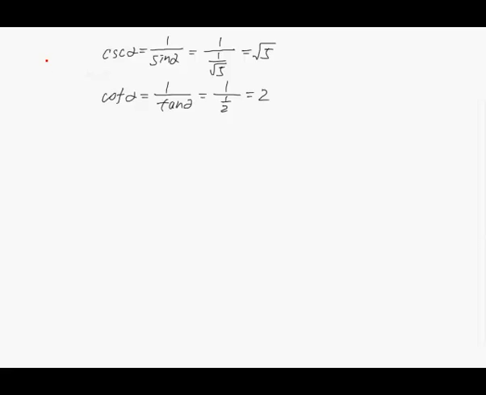So this is page 516. And let's look at problem 33. So we need to simplify this tangent of the arc sine x.